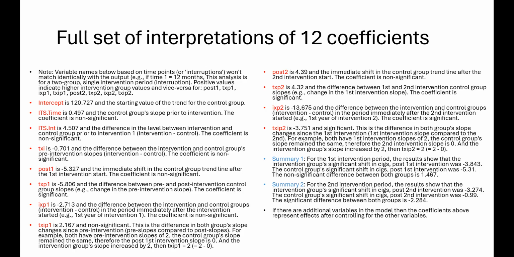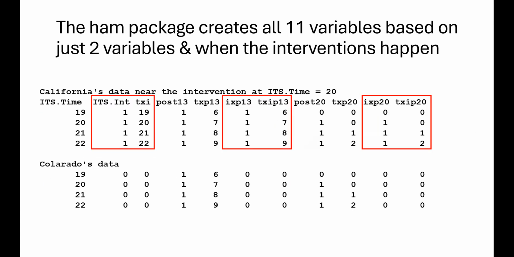So we have a variable that indicates which group they're in, the intervention or control. We have a variable that indicates what month it is or what year it is in the data. And then we also add into the ham package when those interventions or those interruptions actually happened.